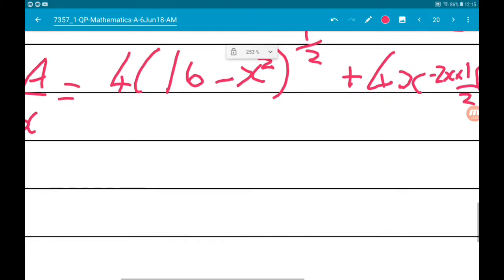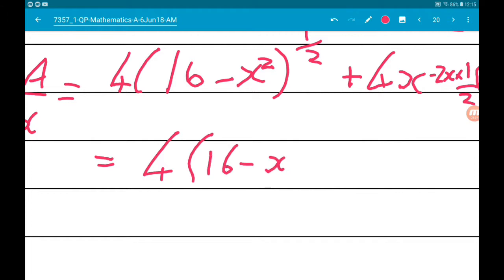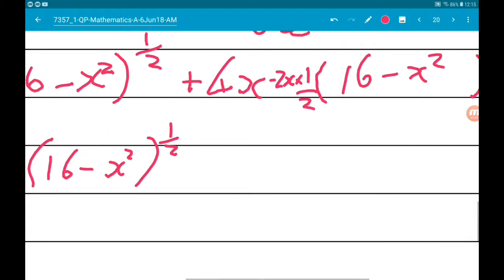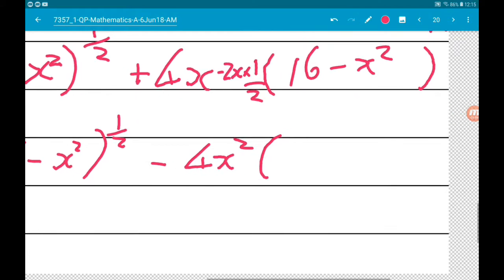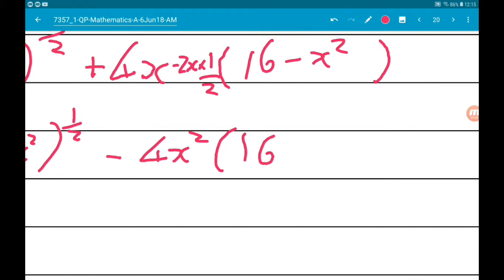So that gives us 4 lots of 16 minus x squared to the power of 1/2. Now we got 4x times minus 2x, which is minus 8x squared times 1/2. So that's going to give us minus 4x squared times 16 minus x squared to the minus 1/2.